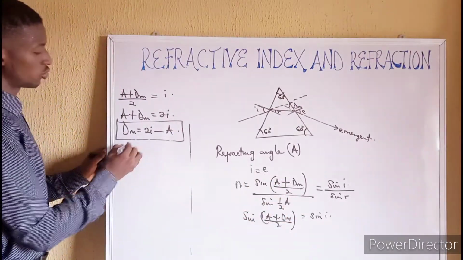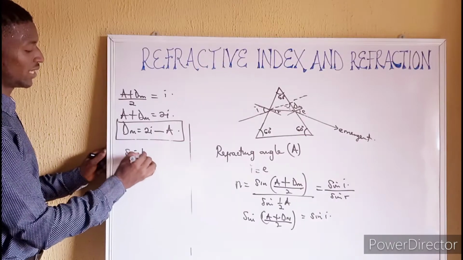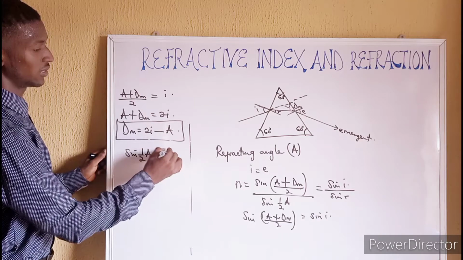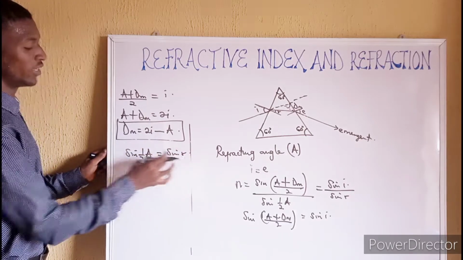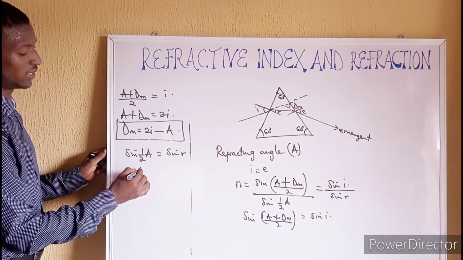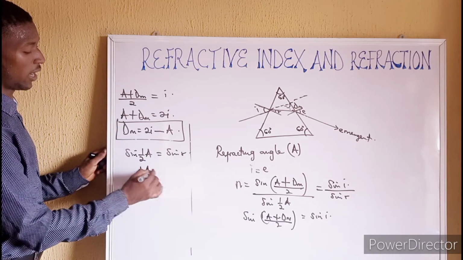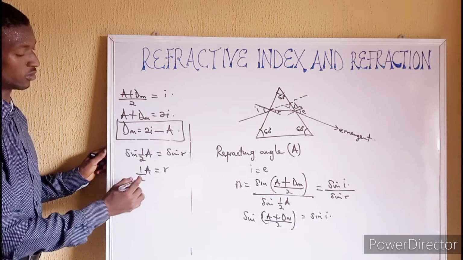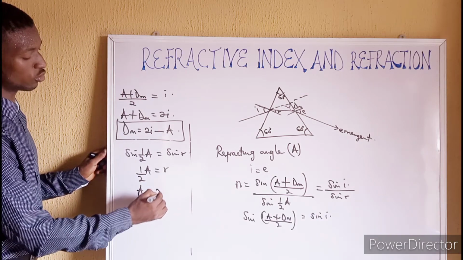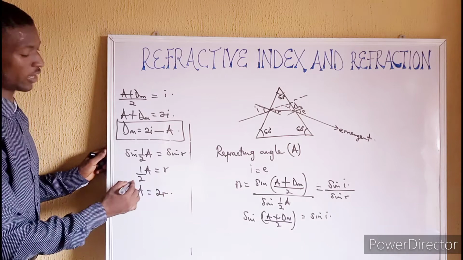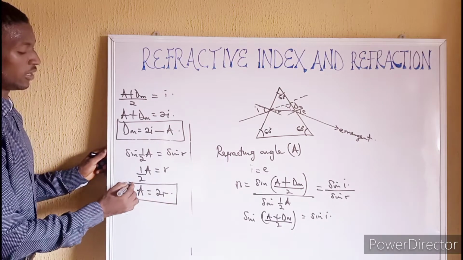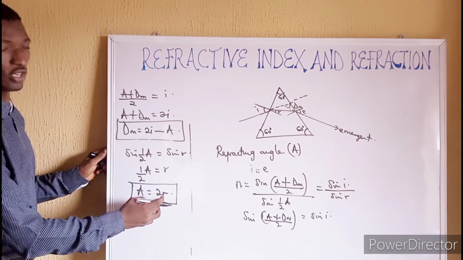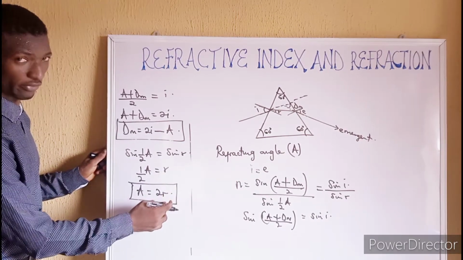When we compare the denominators, we have that sine of half of the refracting angle equals the sine of refraction. When you take the arc sine of both sides, we have that half of your refracting angle is equal to the angle of refraction. So your refracting angle is equal to twice your angle of refraction, meaning that in all cases your refracting angle is twice your angle of refraction.